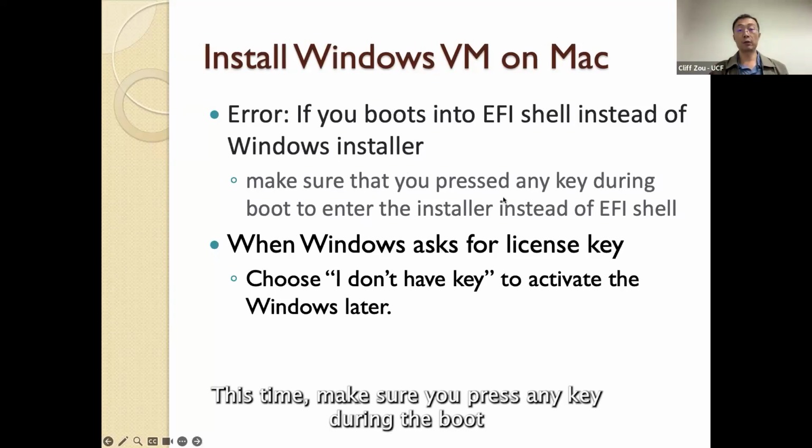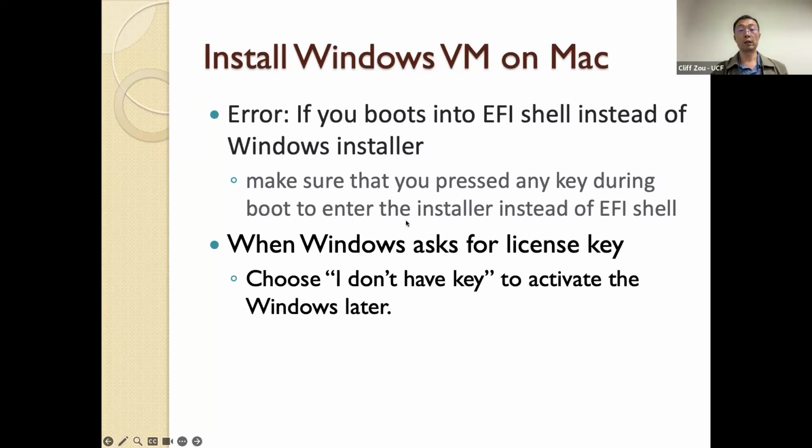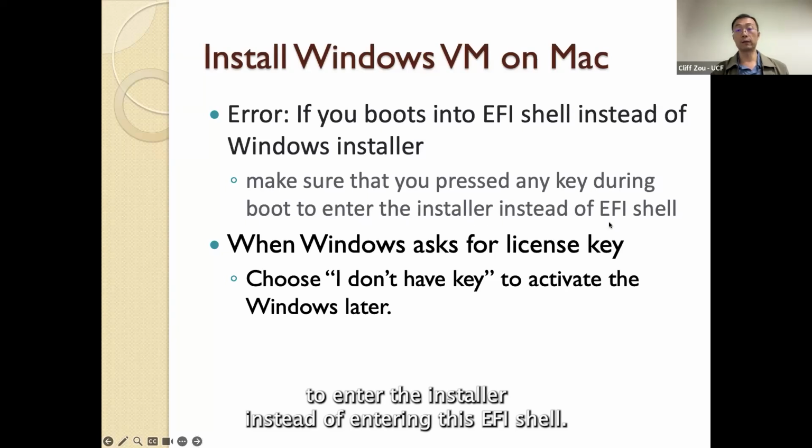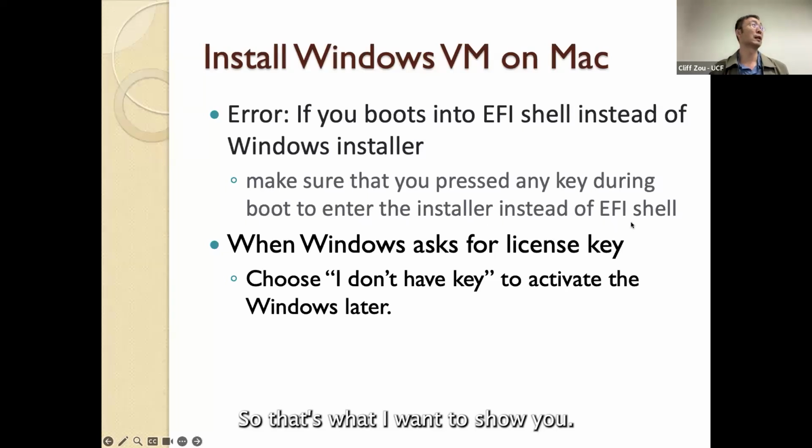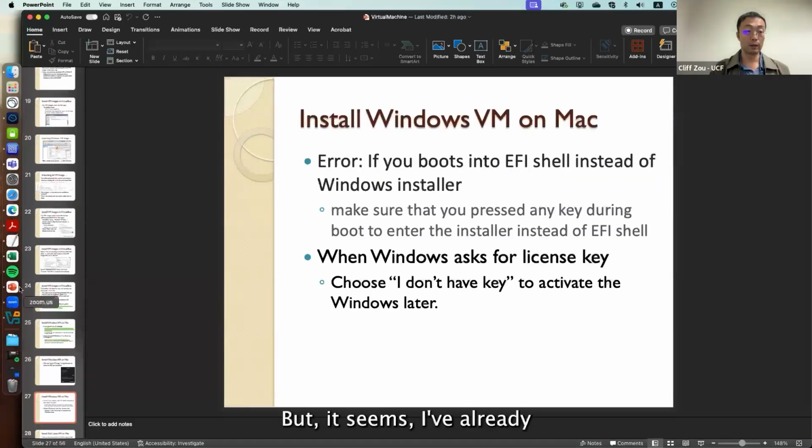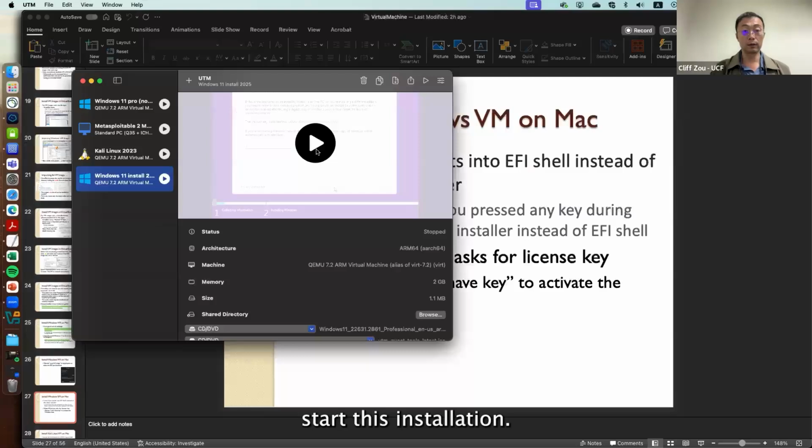This time, make sure you press any key during the boot to enter the installer instead of entering this EFI shell. So that's what I want to show you, but it seems I've already started this installation.